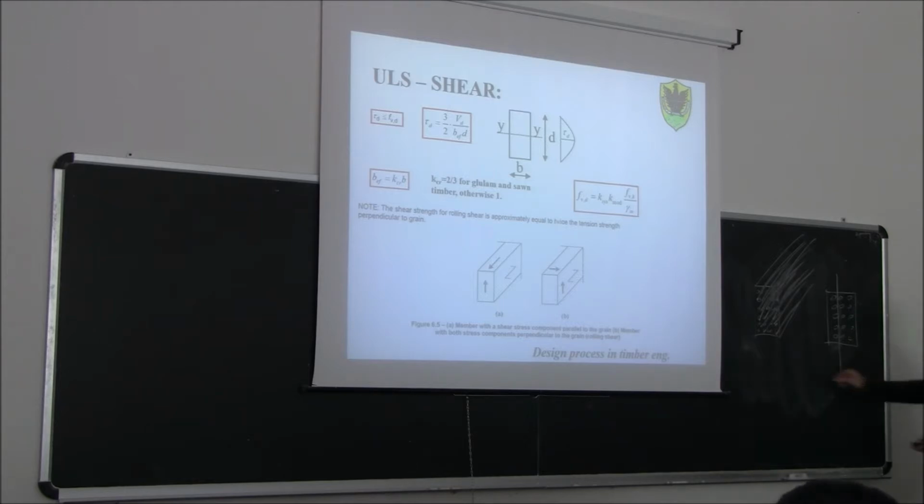Instead, if you consider this case here, now this is an elevation and the fibers are in this way. Do you have any way to break here? So to shear off the beam without breaking the fiber? In this plane, this is an elevation, so now I'm looking in this direction.